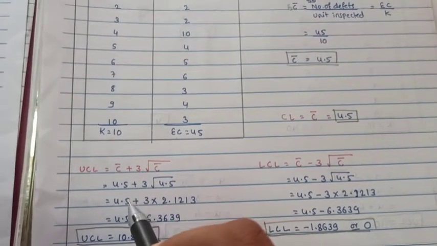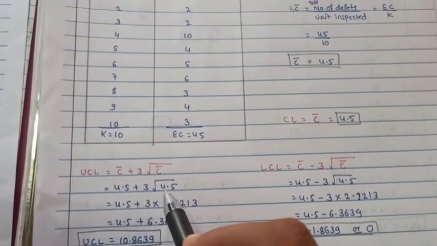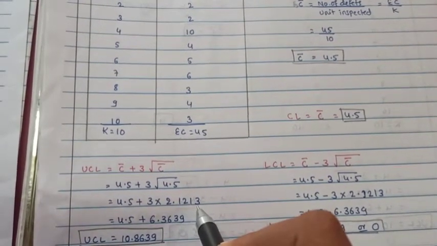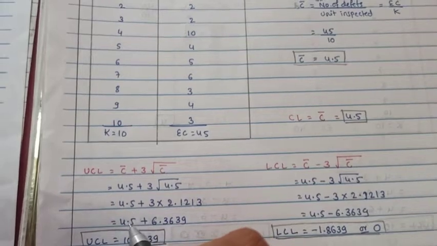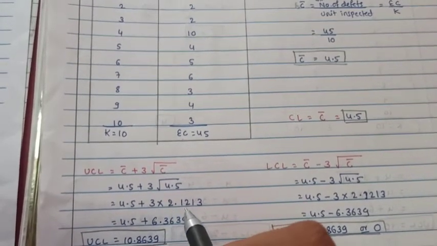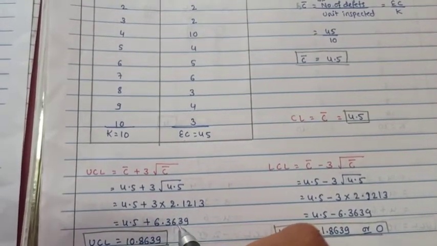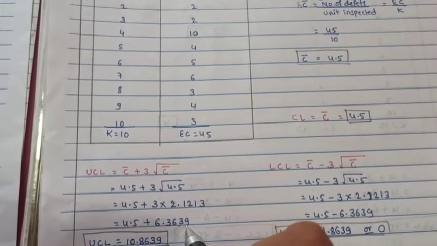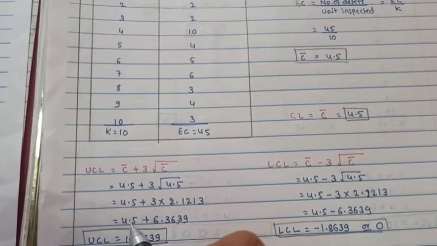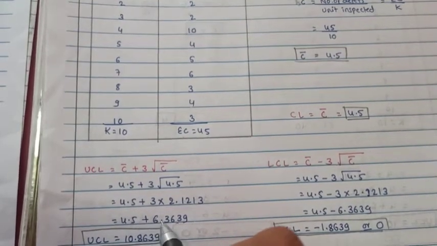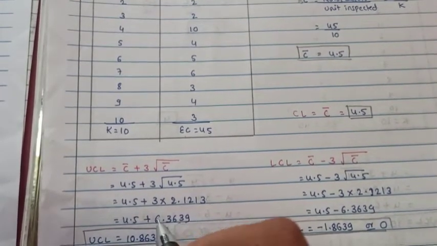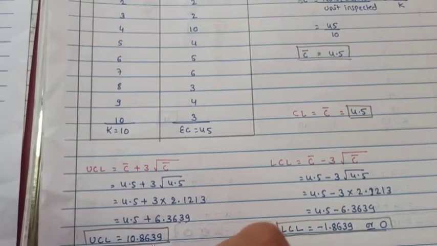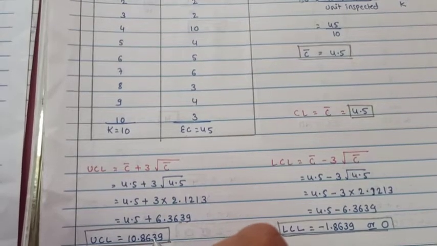The root of 4.5 is 2.1213. So 4.5 plus 3 into 2.1213: multiplying gives 6.3639. Adding the two gives 10.8639. That is your upper control limit.